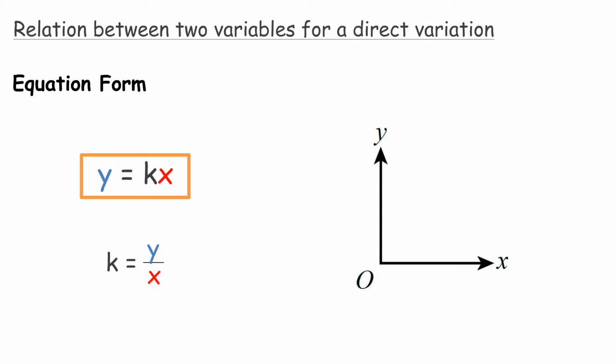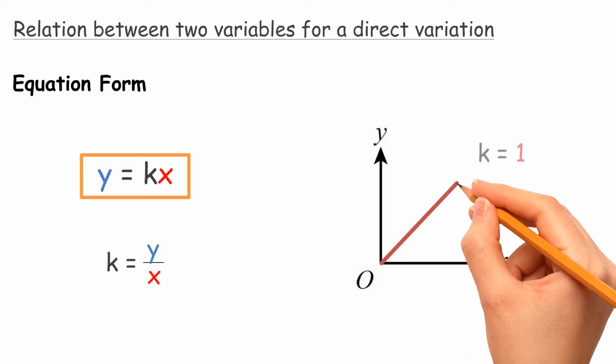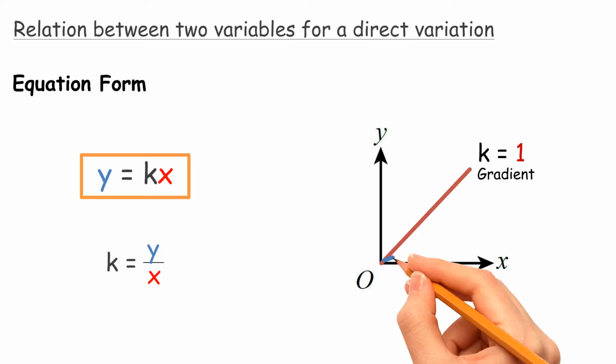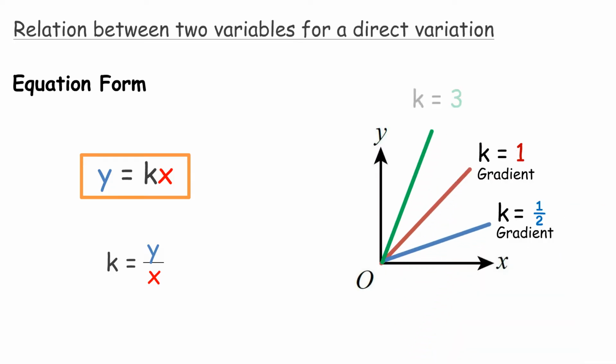The graph of y against x is a straight line that passes through the origin. k is the gradient of the straight line. The graph must pass through the origin, because if x increases by 0, y increases by 0 also. The different values of k give different slopes of the graph.